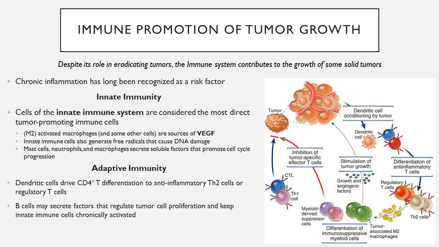Now, in addition to cells of the innate immune system, there's also cells and mediators of the adaptive immune system that help promote tumor growth. Now, I almost want you to have guessed this one, but just like M1 macrophages and Th1 subtypes of CD4 plus cells are used to fight off against tumors, we should already be thinking CD4 plus cells of the Th2 variety, in part because they're so closely related to the M2 related macrophages, just as Th1 cells are related to M1 macrophages.